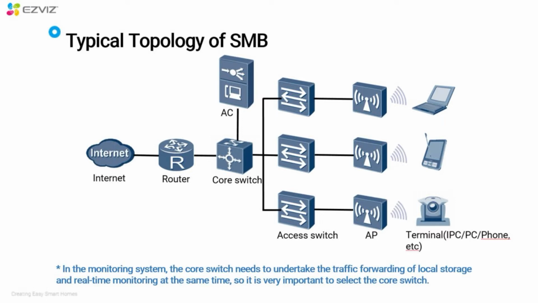And the AC is connected to the core switch, and then it will divide it to the different access switches to connect the different APs or other network devices. Then we can use the laptop or pad or the terminal IP cameras to get the data with the wireless method.